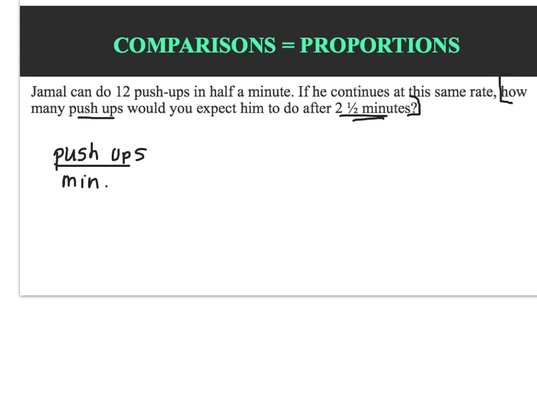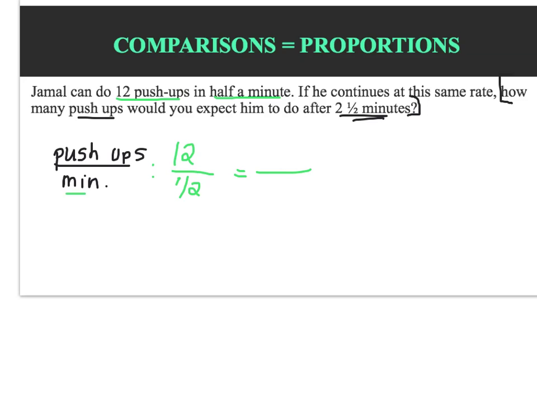Alright, so now I'm going to go ahead and fill in my numbers. I am given, and I know that Jamal can do 12 push-ups in half a minute. So 12 push-ups, that goes on the top. If it's a half a minute, I can write a half because my time is already in minutes.